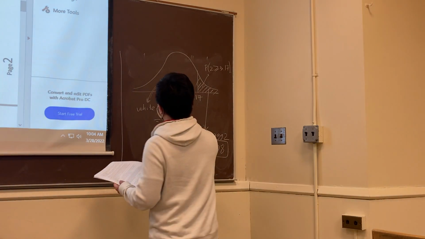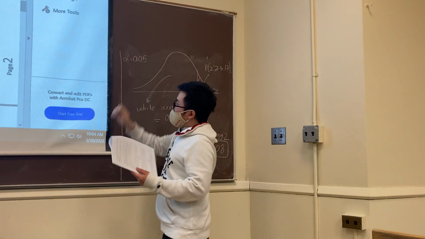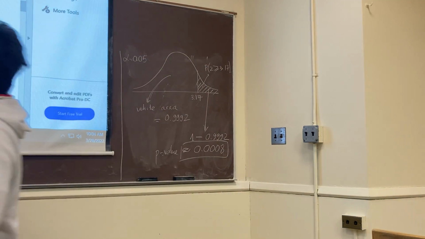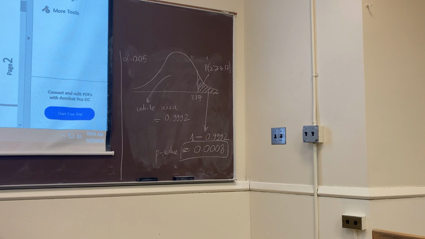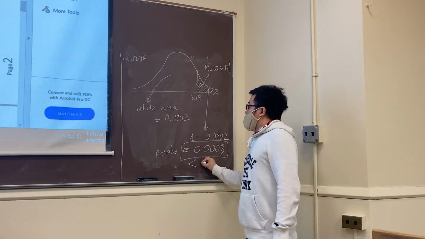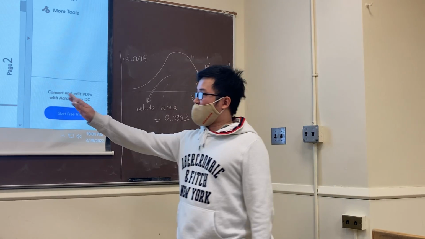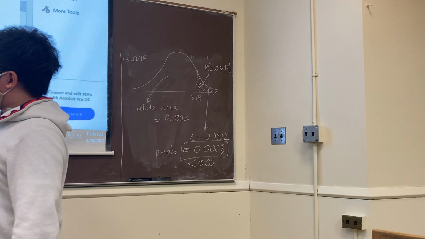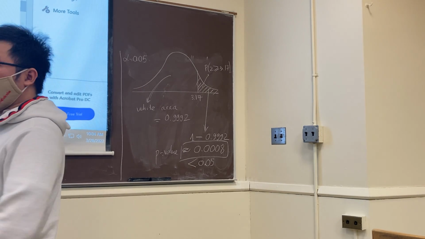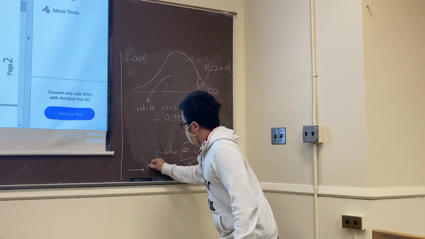The level of significance here is alpha, 0.05. If the p-value is less than the level of significance, then we reject the null hypothesis. In this case, the p-value is 0.008, which is less than the level of significance, so we reject it.